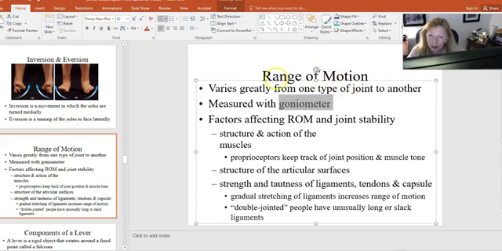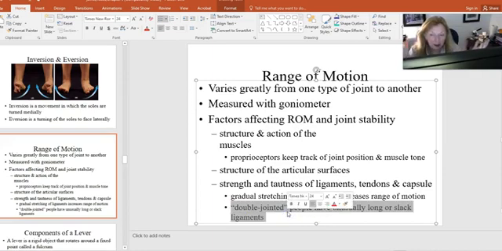So we understand that every joint's range of motion has already been determined. Now, some people are what are called double jointed. Those double jointed people usually have ligaments that are not as tight as they should be.